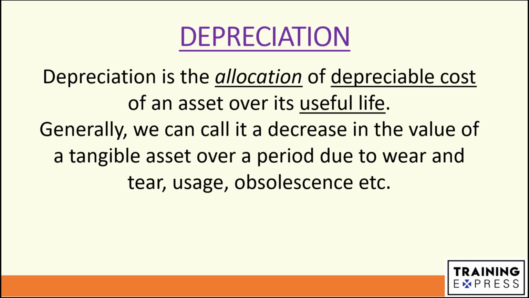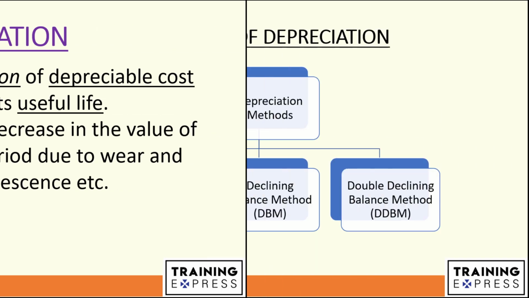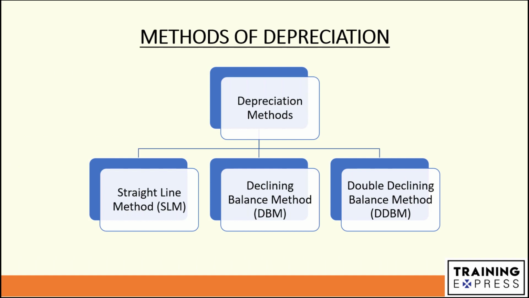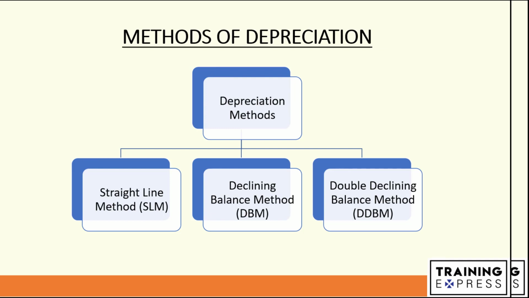Generally, we can call it a decrease in the value of a tangible asset over a period due to wear and tear, usage, obsolescence, etc. We will be looking at three depreciation methods over here. The first one is called straight line method. Second one is called declining balance method. And third one is called double declining balance method.